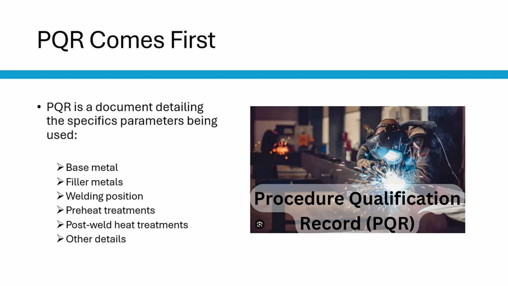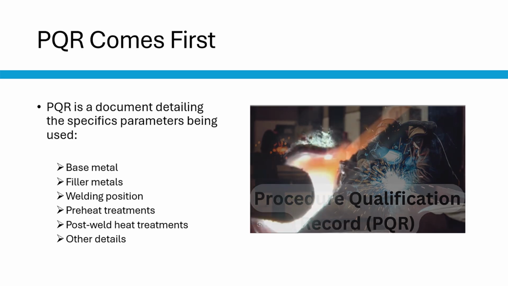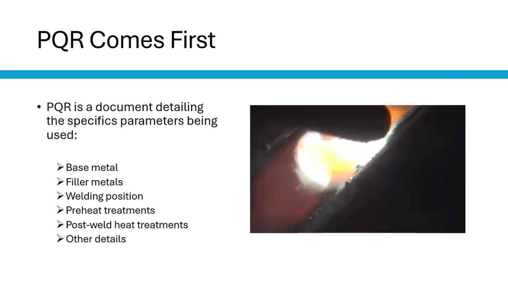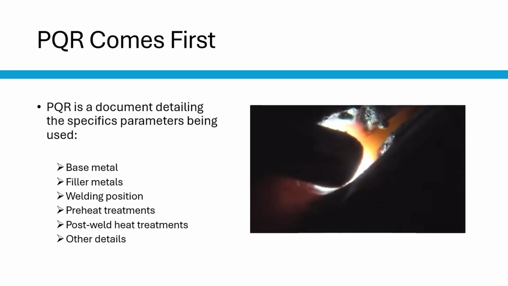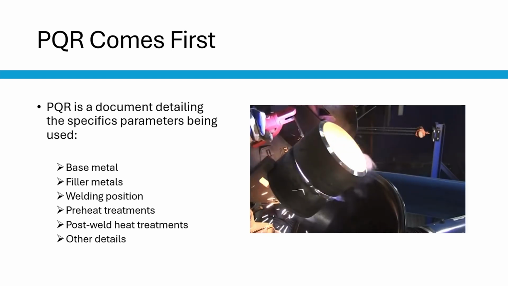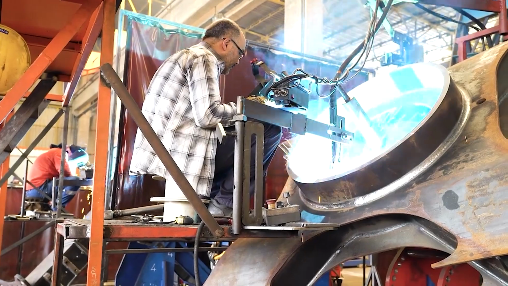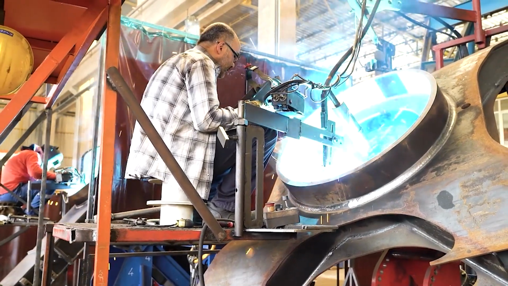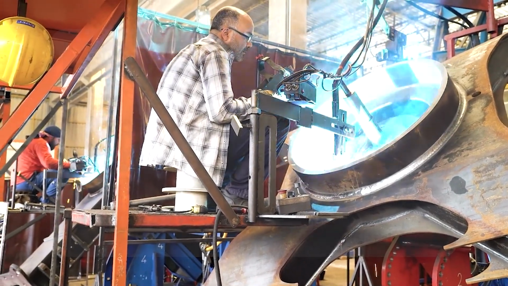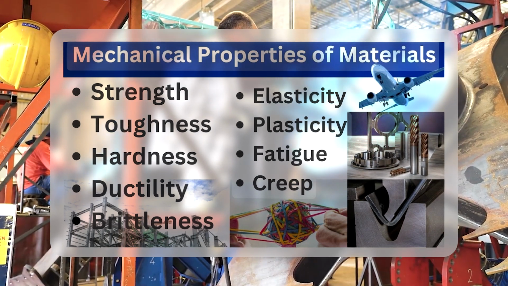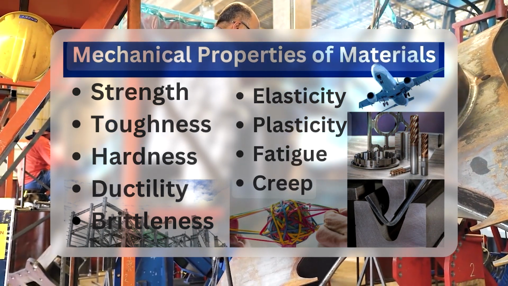And for those that don't know how the PQR works, it's basically a formal, detailed document used in welding to record the essential variables and test results required to demonstrate that a specific WPS can produce a sound weld. It's an essential part of the welding qualification process, ensuring that the welding procedure can meet the required mechanical properties and performance standards for a particular application. And that's just me summing things up in a nutshell.